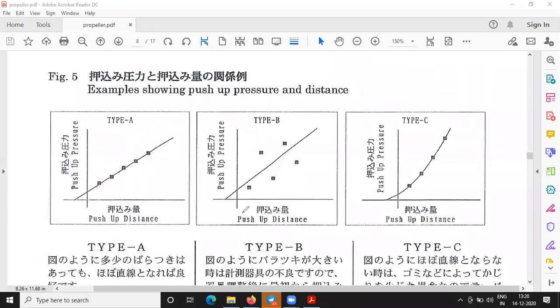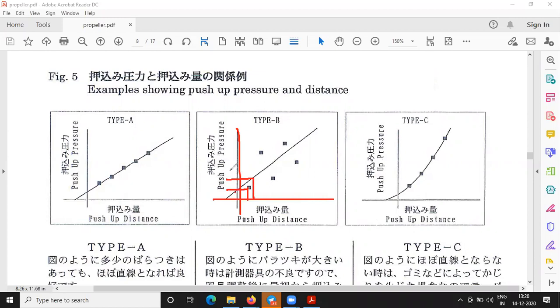Second thing, let's study the second graph now. This is again the push-up pressure, this is the push-up distance. I have increased the pressure, say 20 bar, and this is the push-up distance I got. Next, again, I increase it to 24 bar, and I am getting less push-up distance.